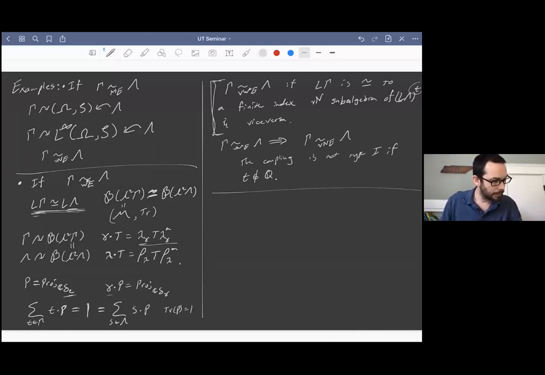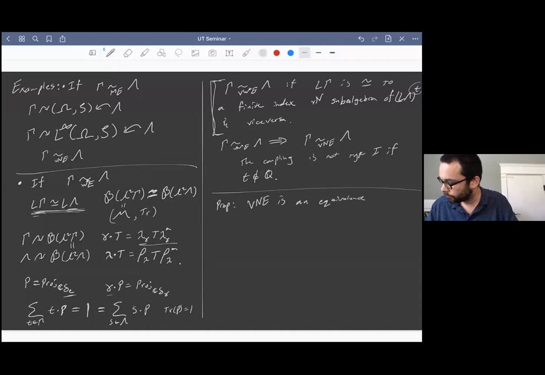All right, so I should mention maybe a proposition, and that is that this is indeed an equivalence relation. So von Neumann equivalence is an equivalence relation. And the proof is almost the same as the proof I've already given before.